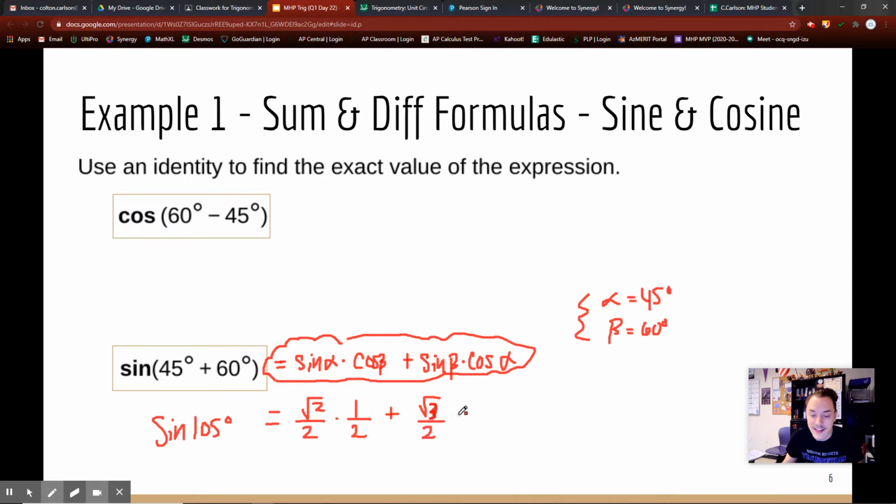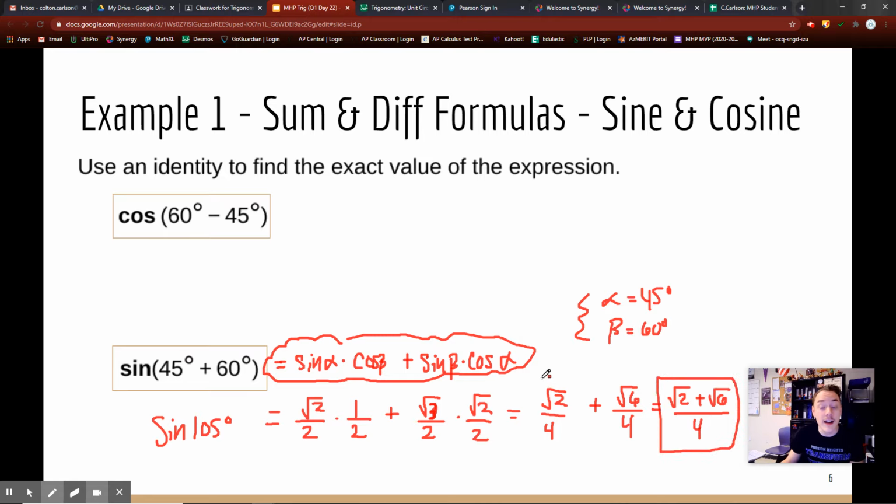Times cosine of alpha, which is 45 degrees, radical 2 all over 2. I start simplifying it out. That's radical 2 all over 4 plus radical 6 all over 4. So it basically is the exact same thing that I had before, all over 4.